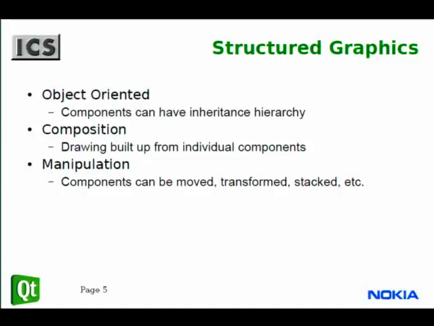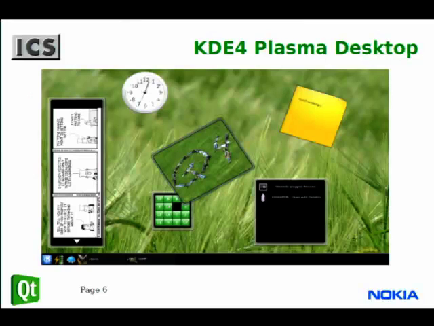And it permits you to manipulate these items, moving, transforming, stacking them on top of each other. And we'll show you how to do those. One example of an application that uses the graphics view is the KDE 4 Plasma Desktop. This is the next generation of Linux desktops, all written in Qt.